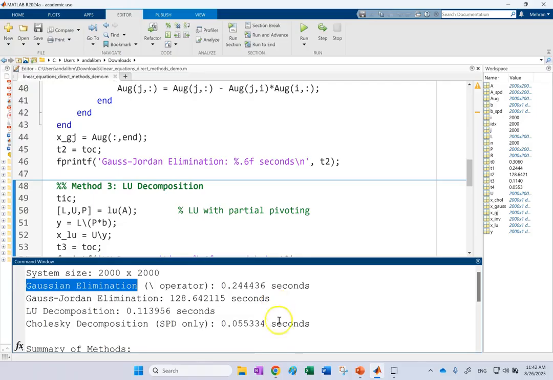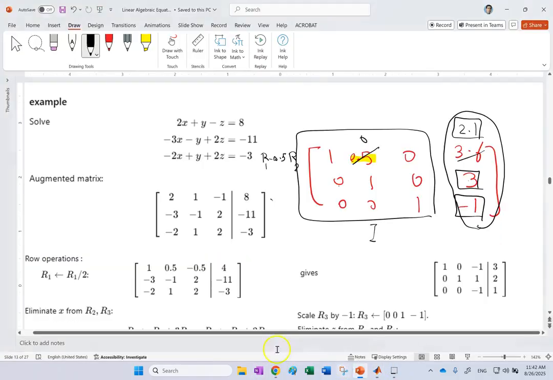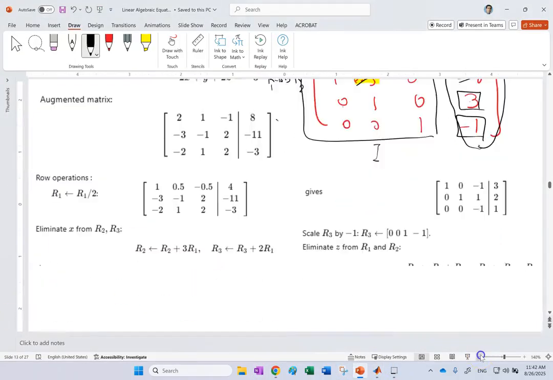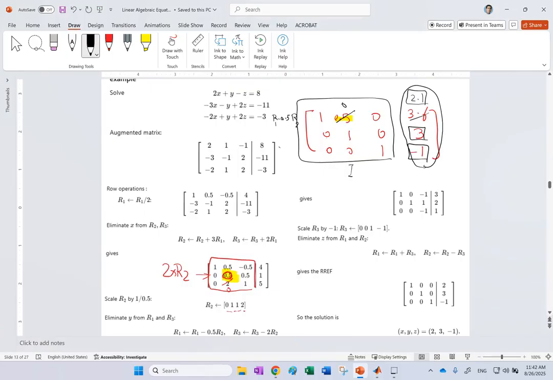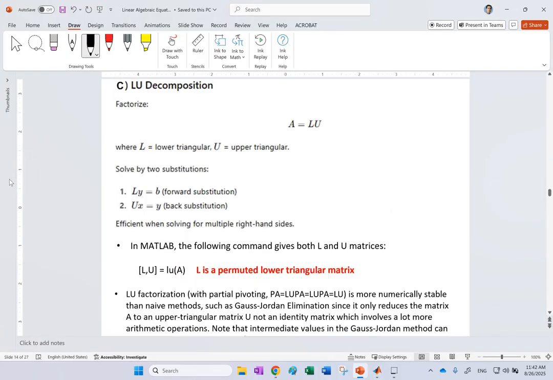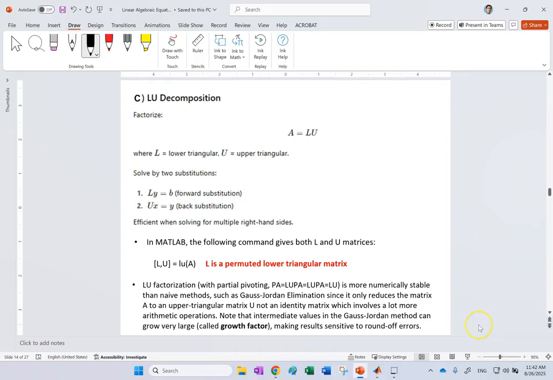Okay. The next method is LU factorization, which I have a separate video on. You probably have seen that video, LU decomposition or LU factorization. Here, you decompose your A matrix into the product of a lower triangular matrix and an upper triangular matrix.